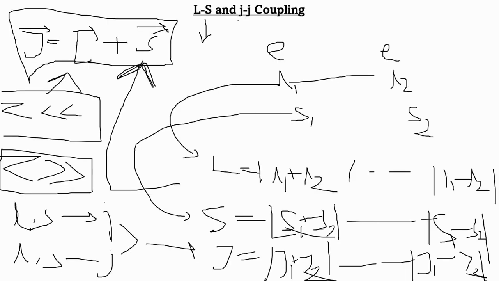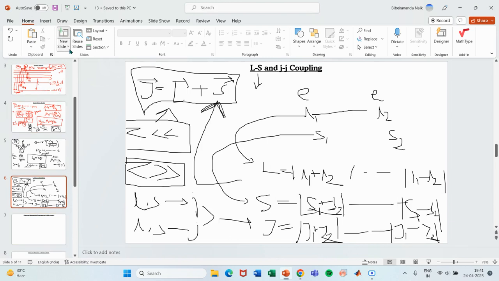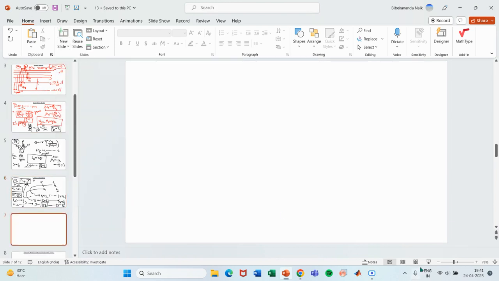And the spectral terms we note in the form of 2S plus 1 L J. This is known as spectroscopic notation. 2S plus 1 is the multiplicity, L is the orbital quantum number, and J is the total angular momentum quantum number.